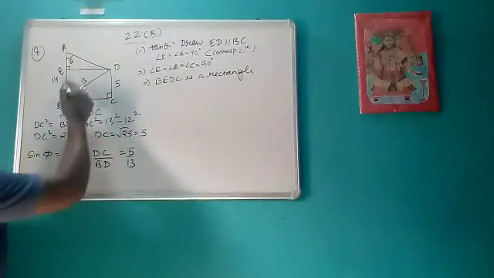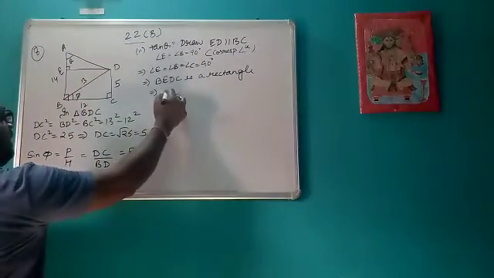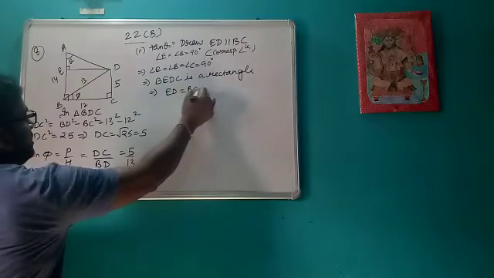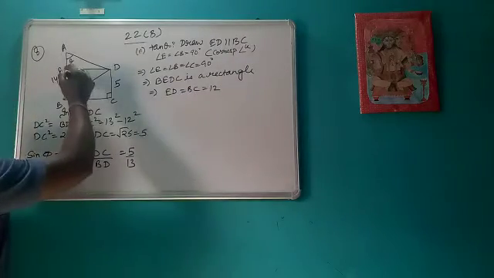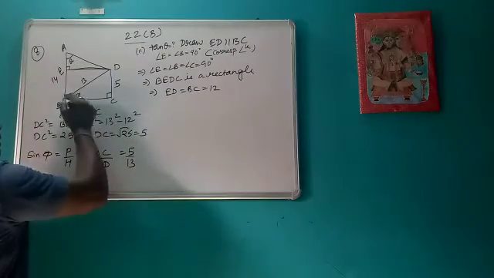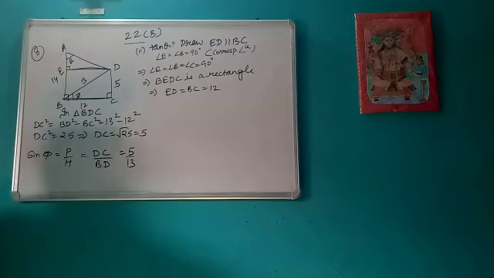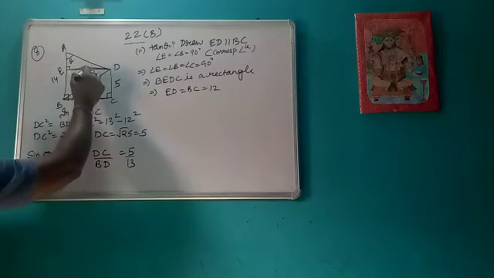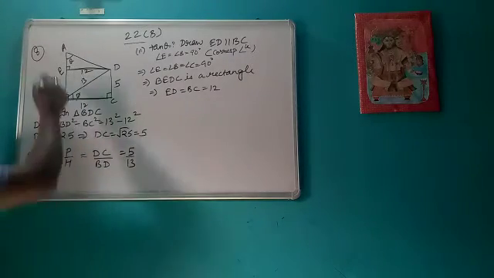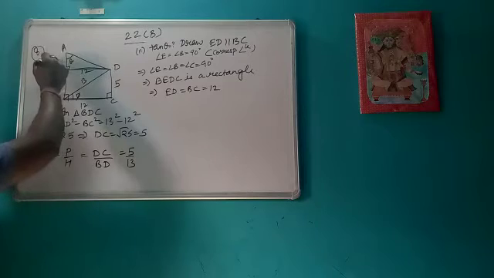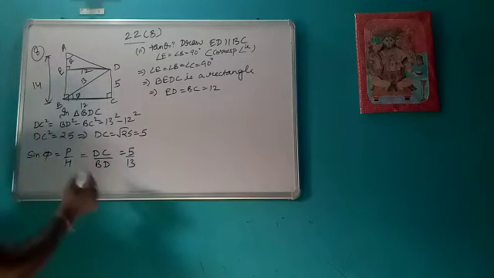So since it becomes a rectangle, we can write that ED will be equal to BC equal to 12. Okay, so this side now becomes equal to this side, because these are the sides of a rectangle, opposite sides are equal, 12. Now what we know, from here to here value is 14.